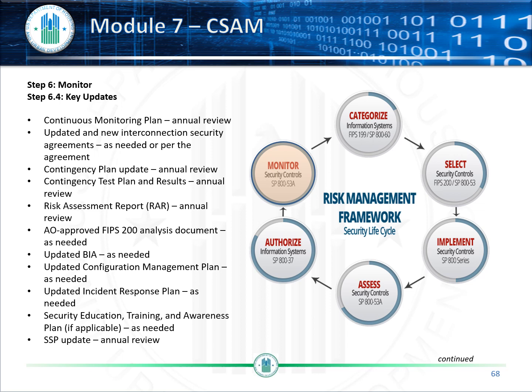These documents also include a continuous monitoring plan, updated and new interconnection security agreements as needed or per the agreement, a contingency plan update, contingency plan test plan and results, risk assessment report or the RAR, an AO-approved FIPS 200 analysis document which is updated in years of authorization termination or significant change, an updated BIA, an updated configuration management plan, an updated incident response plan, security education training and awareness plan if applicable, and an SSP update.